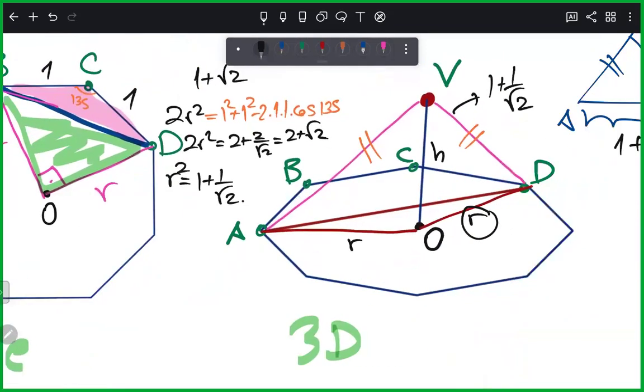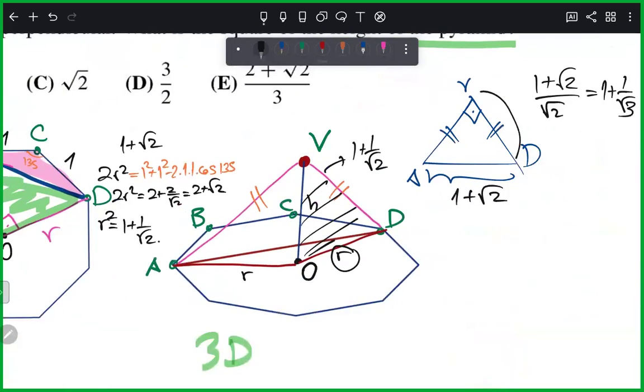Observe that R squared plus H squared equals VD squared from triangle VOD. If we draw triangle VOD here, this part is R, this part is H, and this part is 1 plus 1 over root 2.